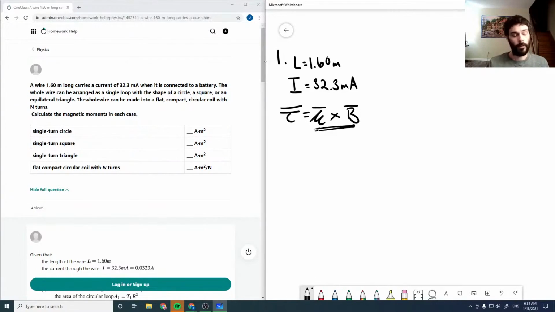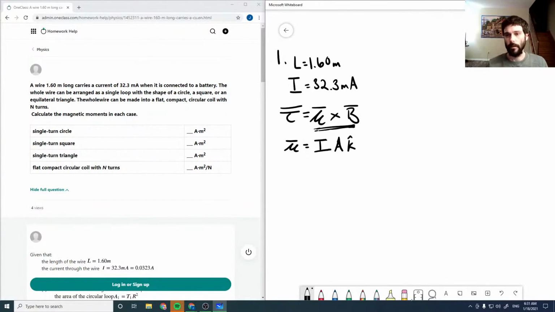Now for symmetric shapes like this, our magnetic moment is going to come out to be IA, and then we would use the right-hand rule to define the direction. I'm just going to call it K hat.